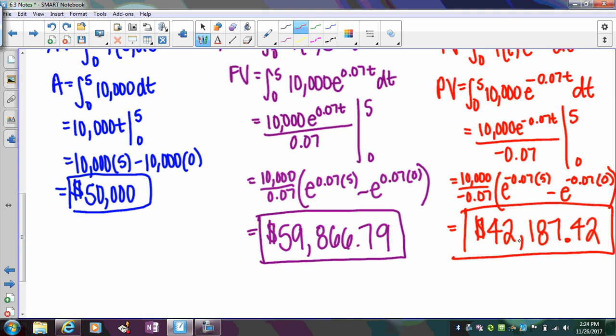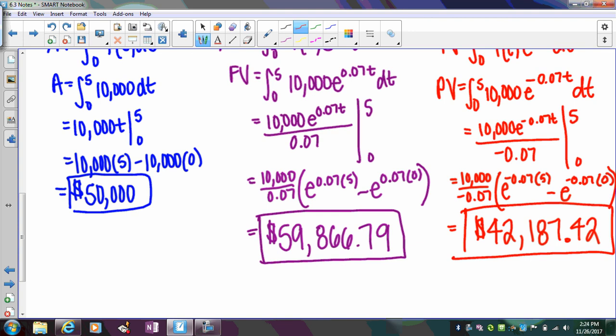So instead of doing the $10,000 continuously for the next 5 years, this is what you could put into the account one time as a lump sum with 7% interest, and it would then equal the 59,000. So that's what present value is telling you, is what would the lump sum have to be to give you that future value that you wanted. So that's what it means.